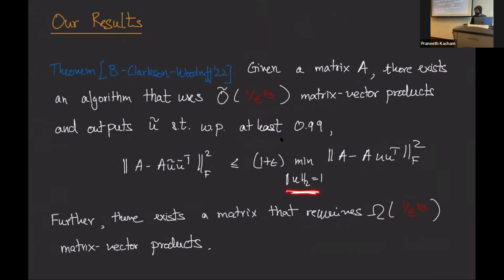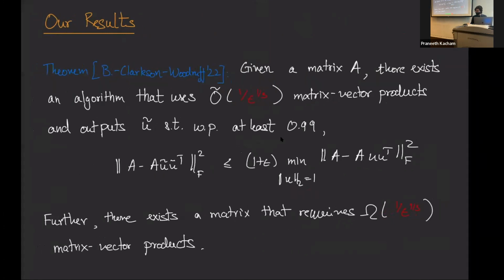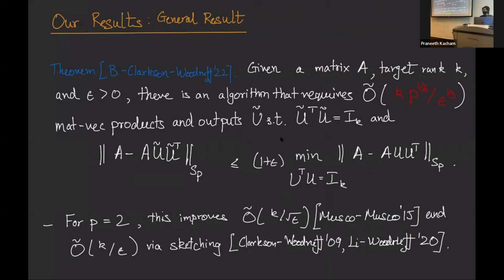Here we are finding a single vector u, but we obtain a more general result. In fact, we obtain a result for arbitrary k and arbitrary Schatten p norms. Our result has the same flavor, but the dependence on k is linear, and the dependence on the Schatten p norm, the p in Schatten p, is p to the 1/6. Earlier you told us the optimal result is independent of p, right?